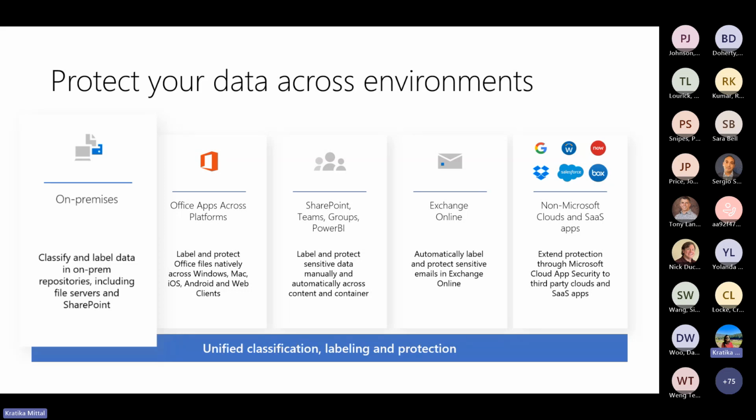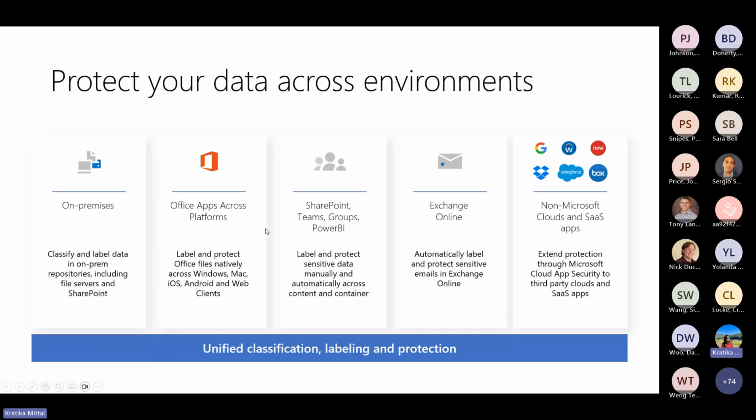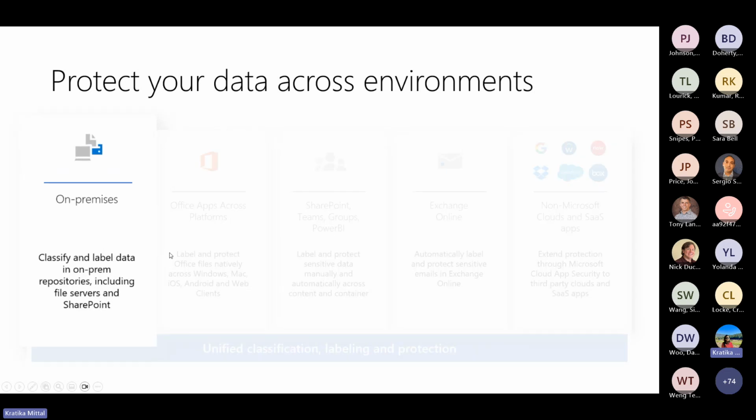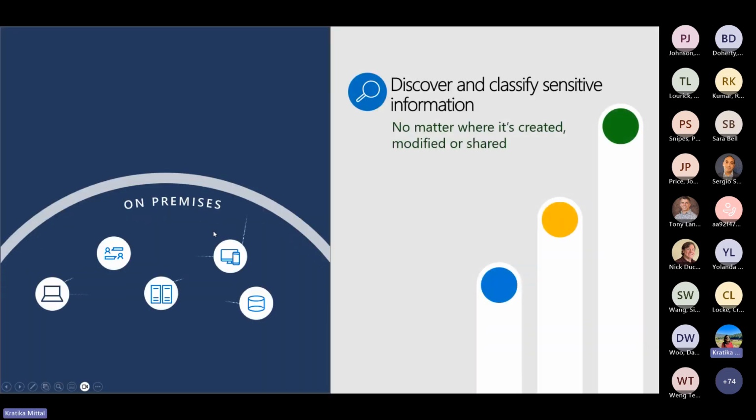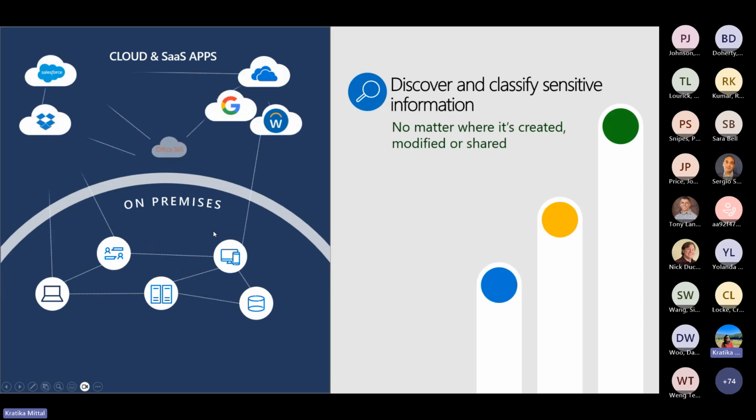You must have attended other sessions where we have spoken about how information protection is provided across multiple environments through Microsoft solutions. Today, we are going to talk about our on-premise security. There are 4 main workloads that allow information protection to discover sensitive data.